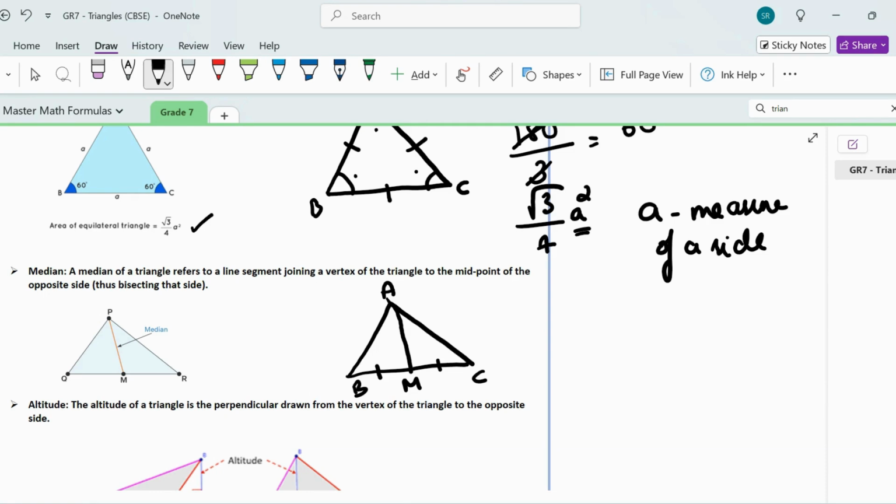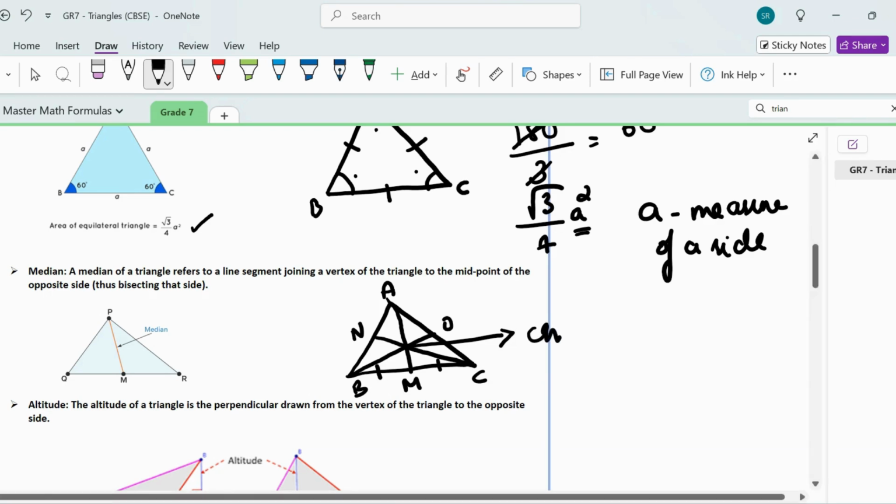As you all can see, there are three vertices. So, you will have three medians, AM, CN and BO. Now, all these three medians meet at a point called the centroid.